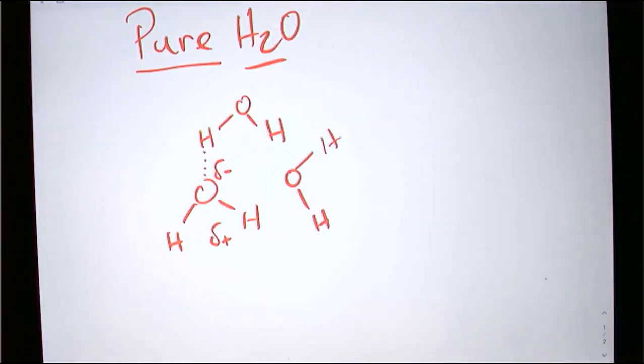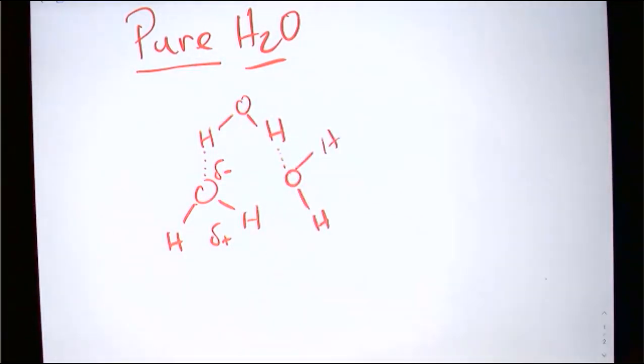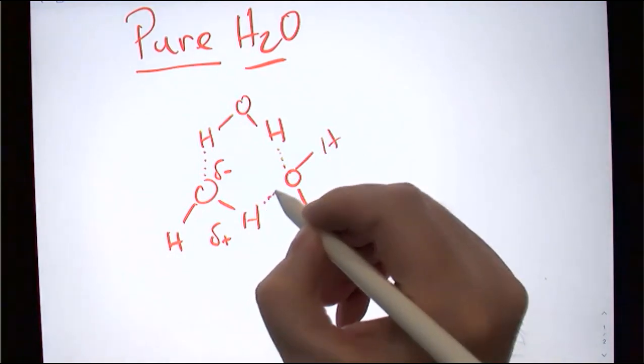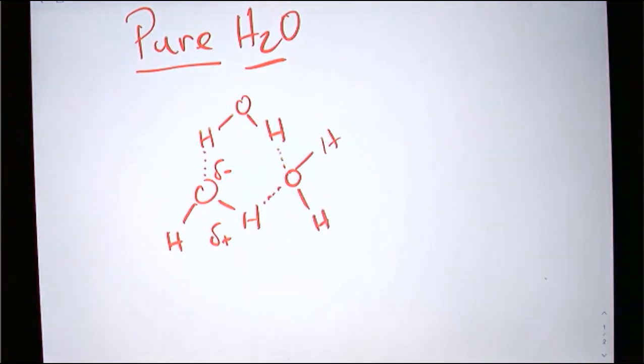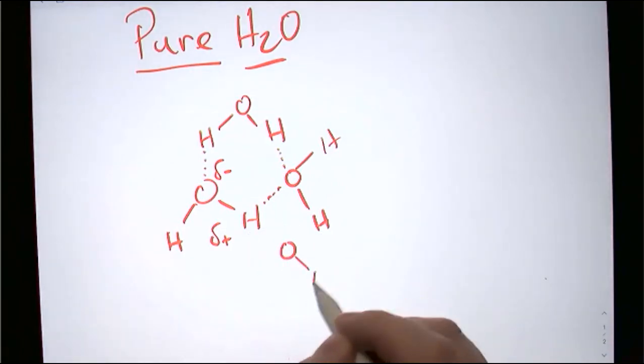Now, as we'll see tomorrow, probably, oxygen can actually do that dotted line thing twice. Hydrogens can only do it once, but oxygen can do that little dotted line twice. So this oxygen here can be attracted to that positive hydrogen, but also to that positive hydrogen. And now there's 2 H's over here. I could do another water molecule like that.